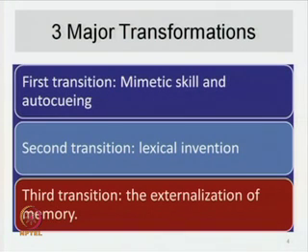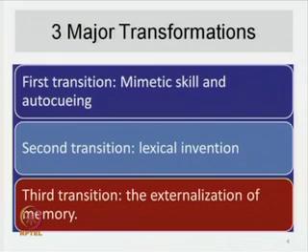The first transition involved mimetic skill and auto-cueing, and we understood auto-cueing as recollection in memory that did not need any external clues, and mimetic skill as representation using the whole body. Second, in the next transition there was lexical invention, which eventually led to the formation of myths and storytelling, that is narrative thought.